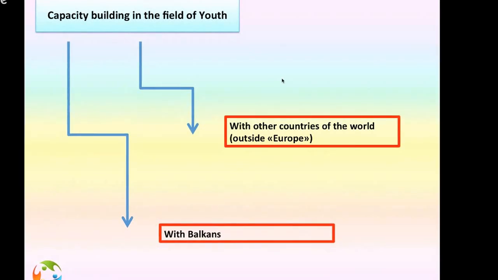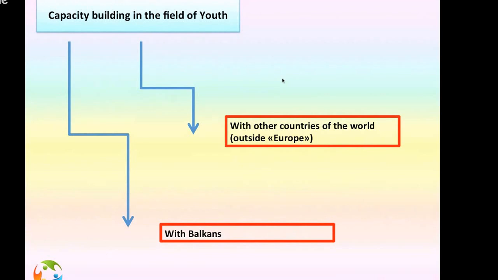The difference is that the European countries, the Europe 28, can apply to organize projects with countries that are outside Europe. Instead, Balkans have to organize projects with Europe.